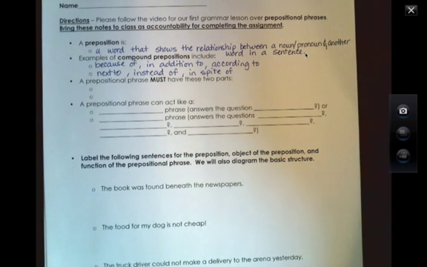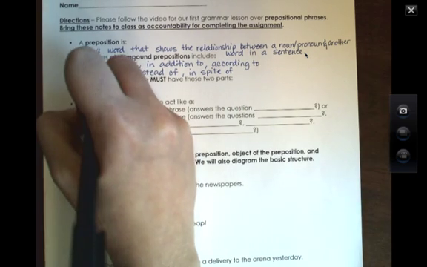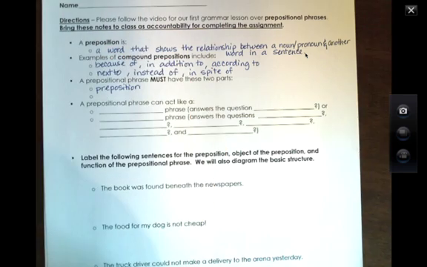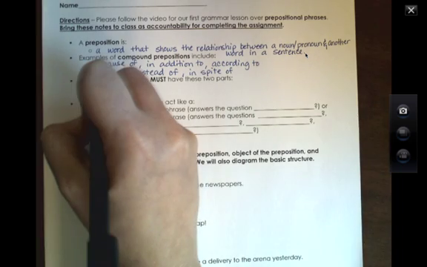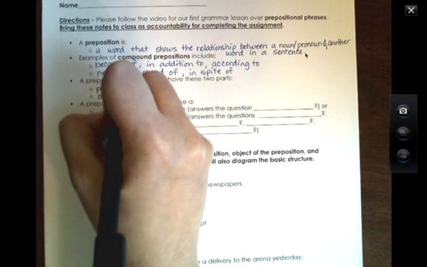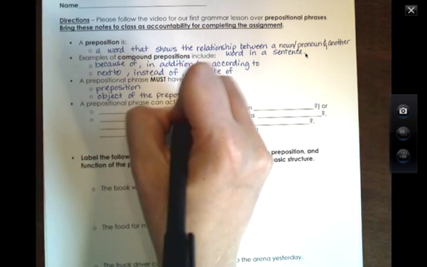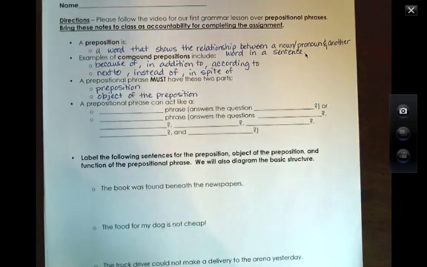When we're talking about prepositions, we also need to talk about prepositional phrases. And a prepositional phrase has two parts. The first part is the preposition. And the second part is the object of the preposition. Our object of the preposition is the noun or pronoun that immediately follows the preposition in your sentence.